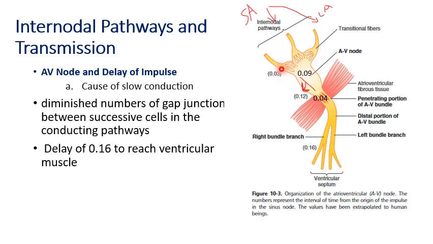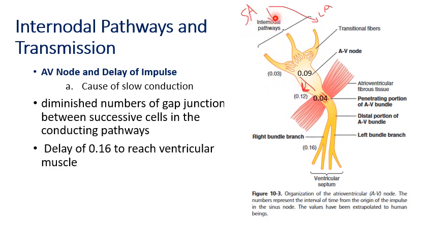So if we add up the 0.03 with the 0.12, we have about 0.16, sorry. It's about 0.16 second delay from the SA node, the place of impulse generation, into crossing into the ventricle.